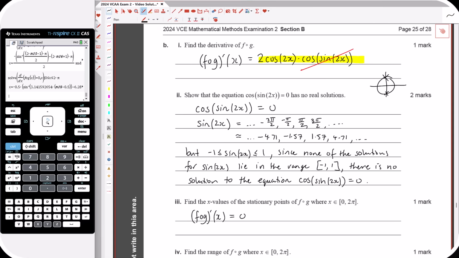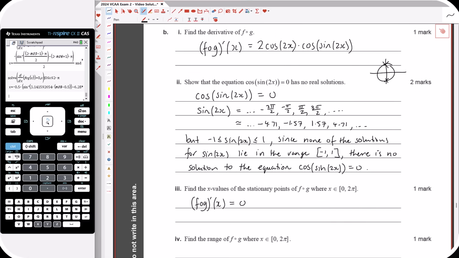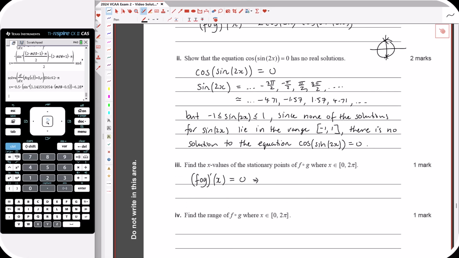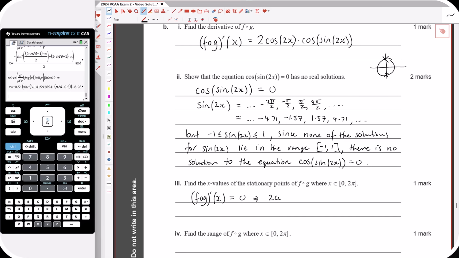And so therefore, solving the derivative equal to 0 is essentially us saying you can just solve 2 cos 2x times cos sine 2x equal to 0, which means that the only way for that to equal 0, because we've just shown that cos of sine 2x can't equal 0, is if this bit equals 0.